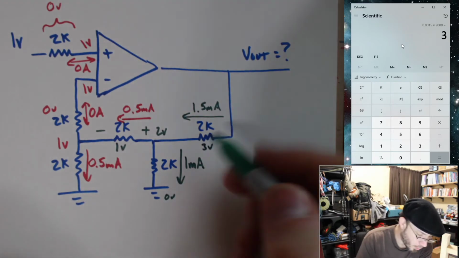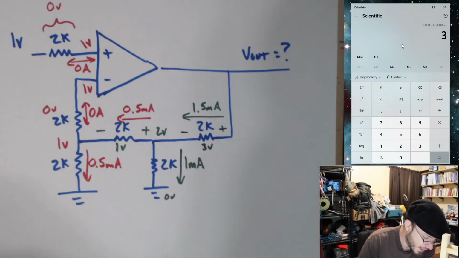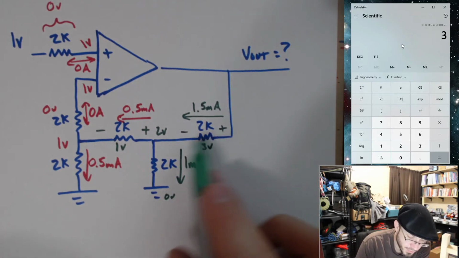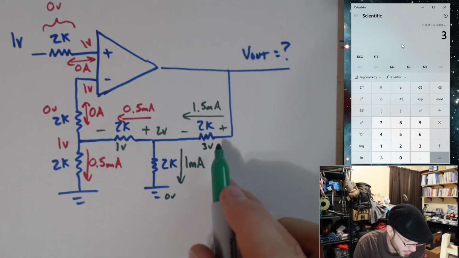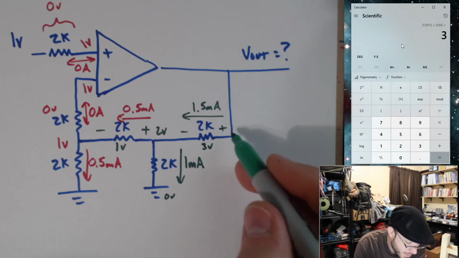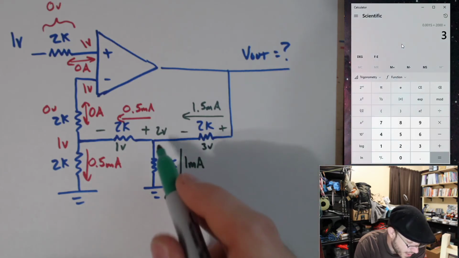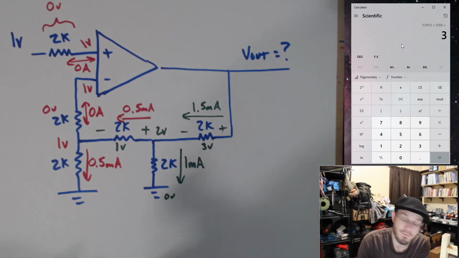So I get a 3 volt drop with this side being larger than this side. Okay, high voltage over here, low voltage over there. The current told me that, and I lose 3 volts across this. So this side must be 3 volts higher than this side. This side's at 2, therefore this side better be at 5 volts.